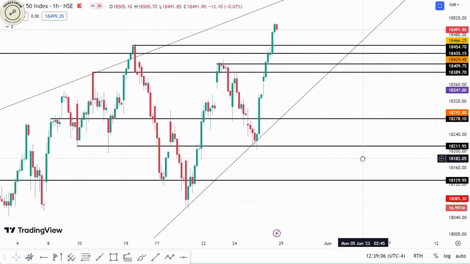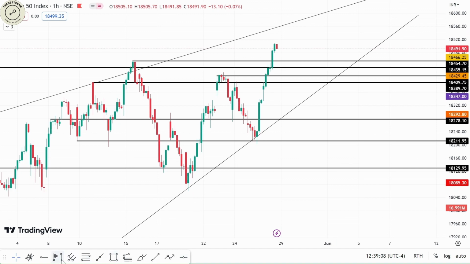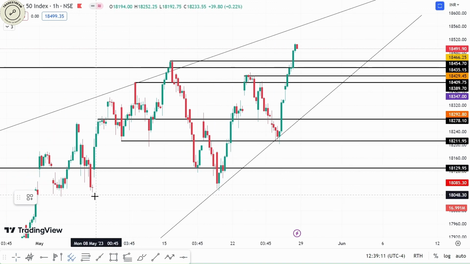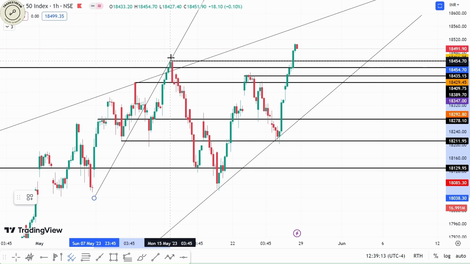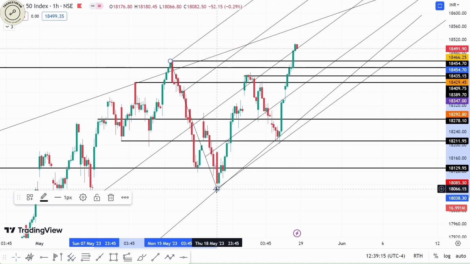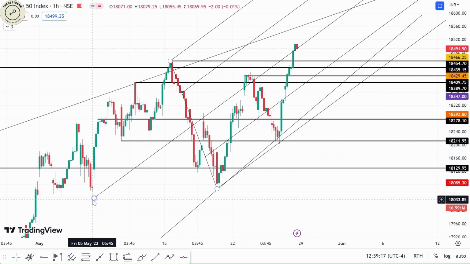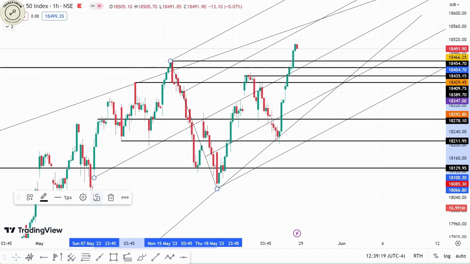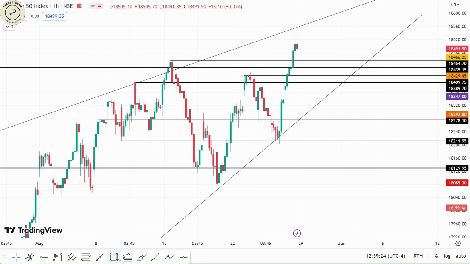What I'll do is I'll use the pitchfork. In case we are unable to draw the trend line, just use the pitchfork in that case. Either we could draw it from here. Just a second. Let's use the most recent levels. We'll use this one.